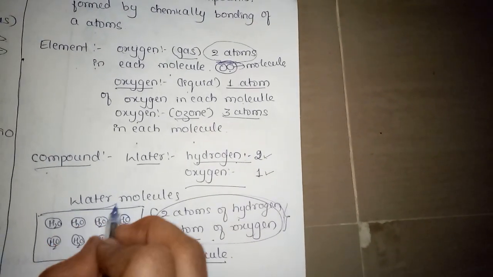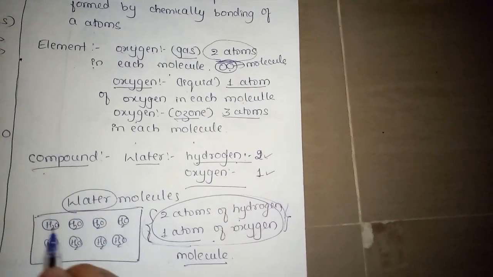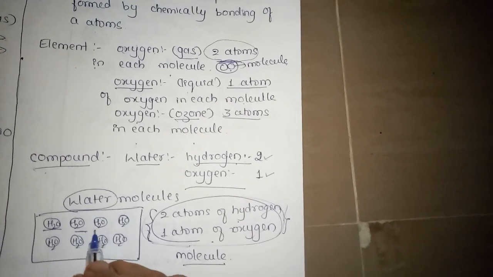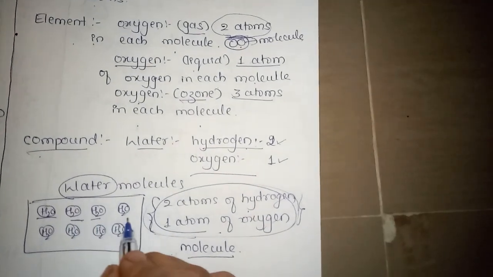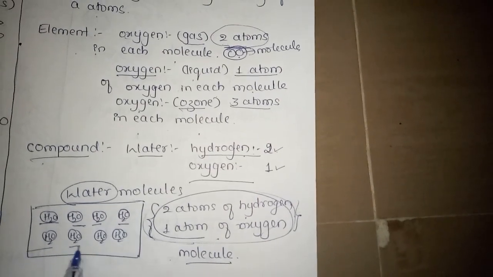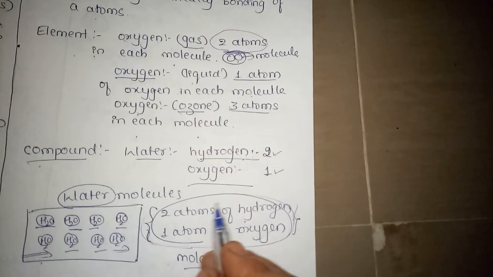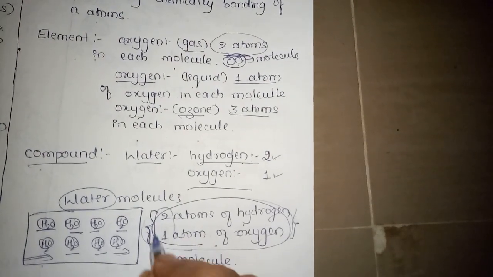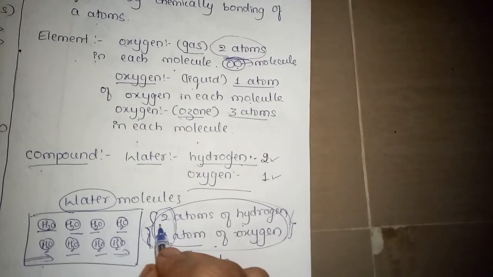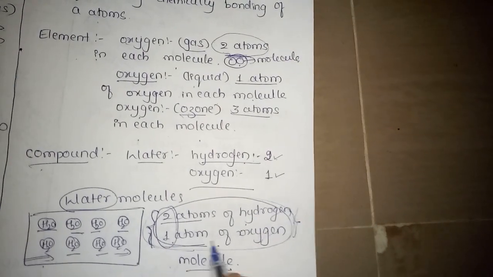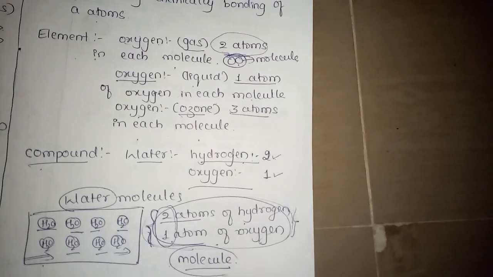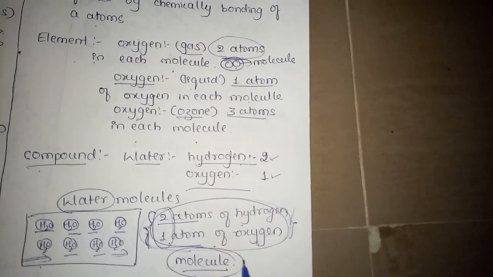Because in water, each and every molecule contains 2 atoms of hydrogen and 1 atom of oxygen. It contains 2 or more atoms. Actually we have 3 atoms here, but 2 atoms of hydrogen and only 1 atom of oxygen. Hence we take it as a molecule.